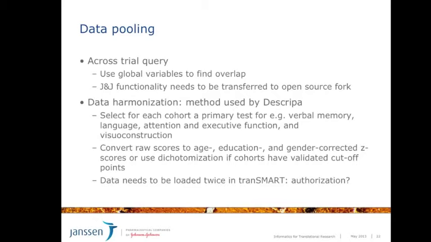To give you an example, there's something called the Buschke memory test. And in that test, the examiner reads a list of 12 words to the patient. The patient has to repeat as many words as he can, and that process is repeated 4 times. So the total score, if you get everything correct, perfect memory, is 48.